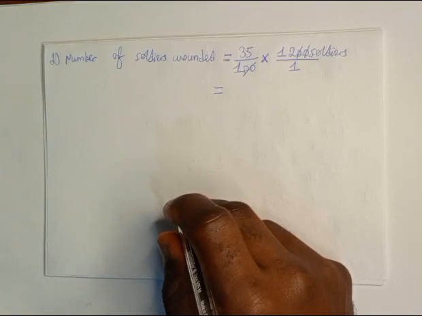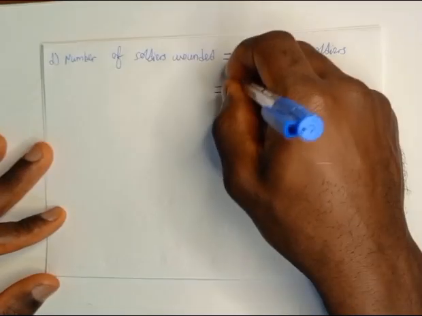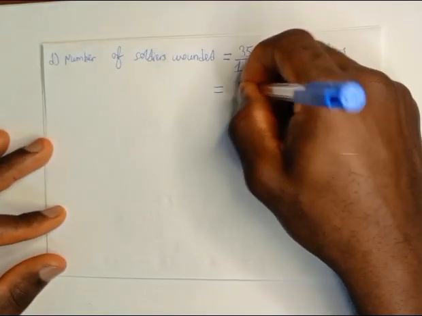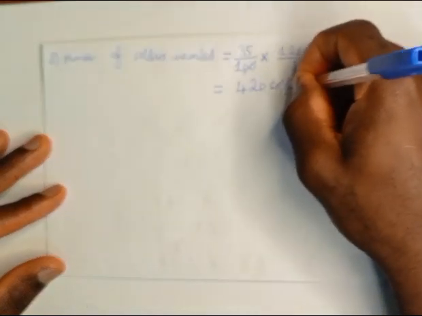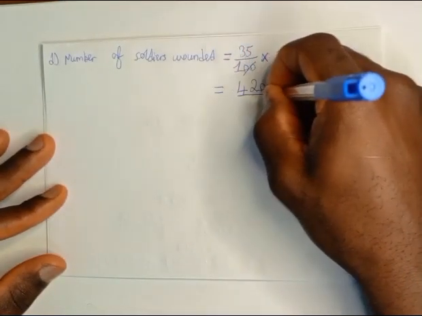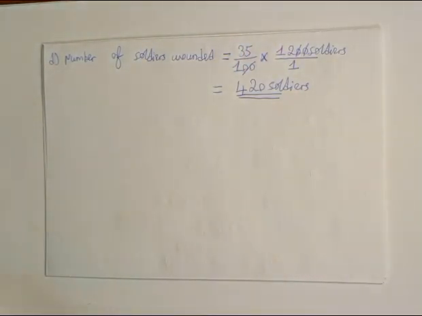We'll be left with 35 times 12, which gives us 420 soldiers. Therefore, 420 soldiers were wounded.